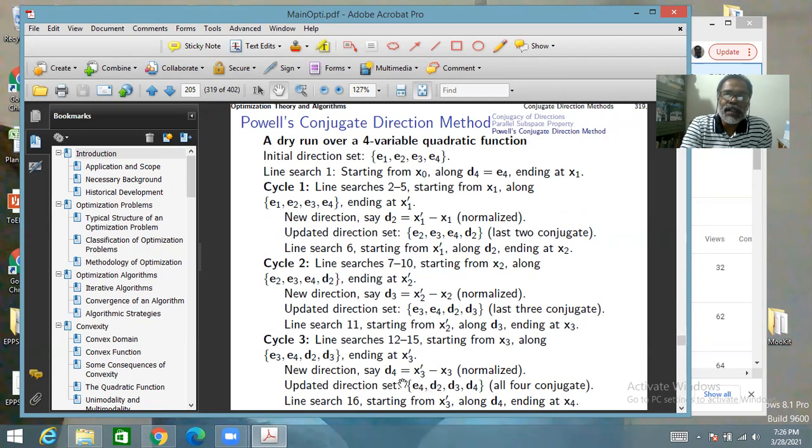So in 16 line searches, the quadratic function is minimized. That is at most 16 line searches. Convergence could have come earlier also. So you run it on a numerical problem with positive definite matrix A sitting in the quadratic function and actually see how the conjugate directions are generated and updated.